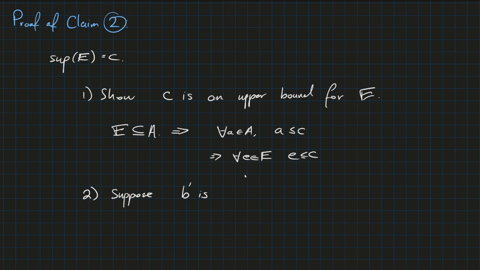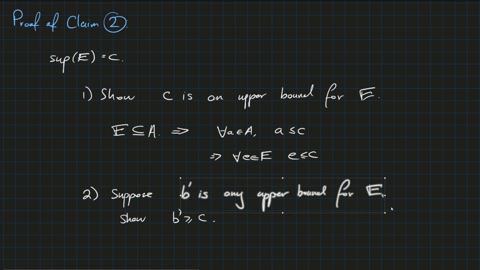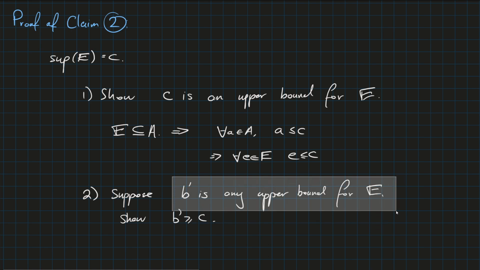And then for the second part of the supremum, right, we have to say, suppose b prime is any upper bound for E. Show b prime is greater than or equal to C. Well, if b prime is any upper bound, okay, so b prime, first of all, could be a strict upper bound.